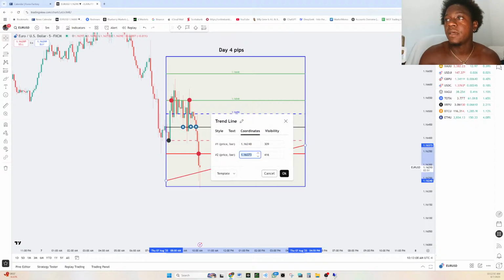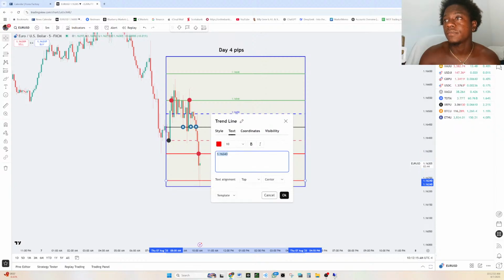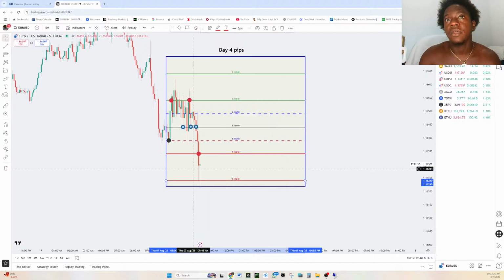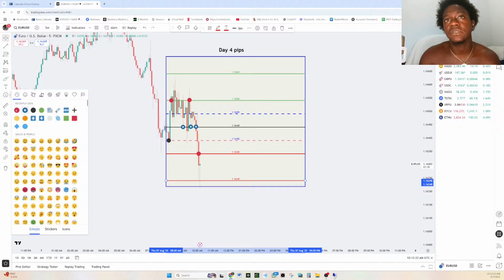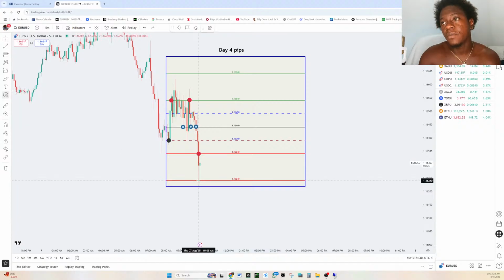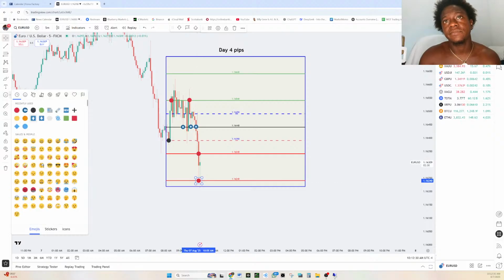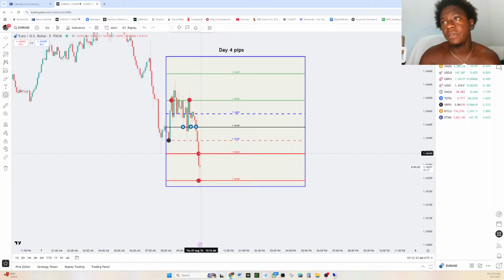Copy and paste. And I could go ahead and say that we tapped the line and we retested. Just a brief breather. We can continue lower if markets want to continue lower.